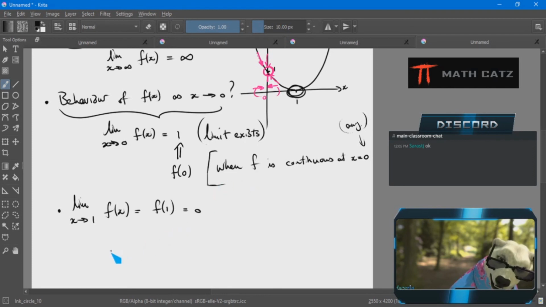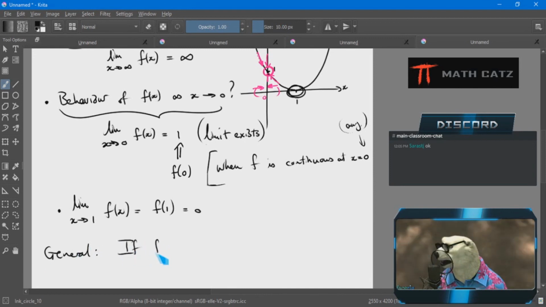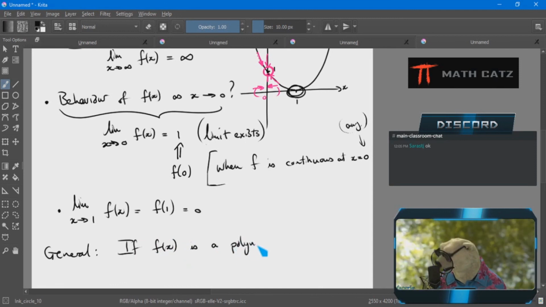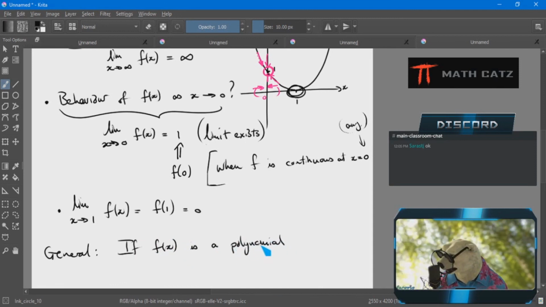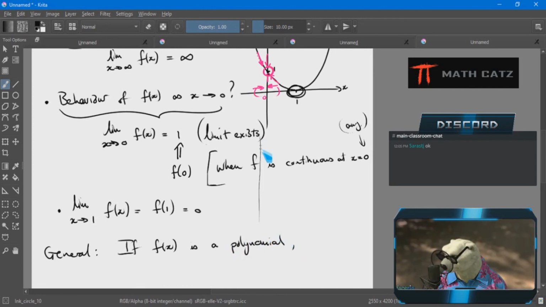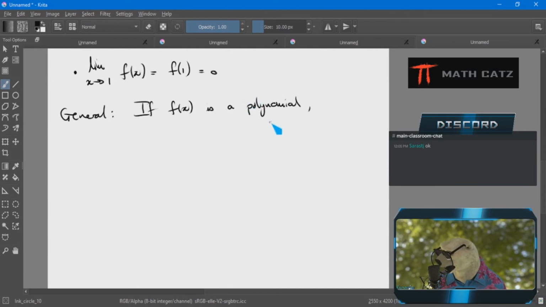So I could generalize this to any polynomial, let's say that first. If f of x is a polynomial, I know that it's defined for anything. A polynomial is defined everywhere.